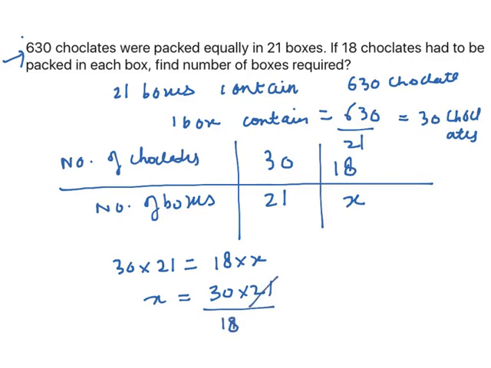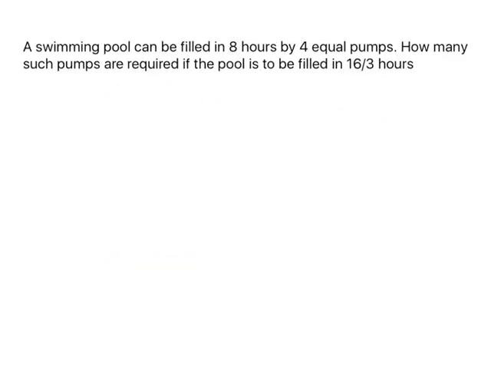So we can solve it. 21 divided by 3 will give us 7, and 18 divided by 3 will give us 6, and 30 divided by 6 is 5, and 7 times 5 is 35. That means we require 35 boxes if we are packing 18 chocolates in a box. And if we are packing 30 chocolates in a box, we require 21 boxes.